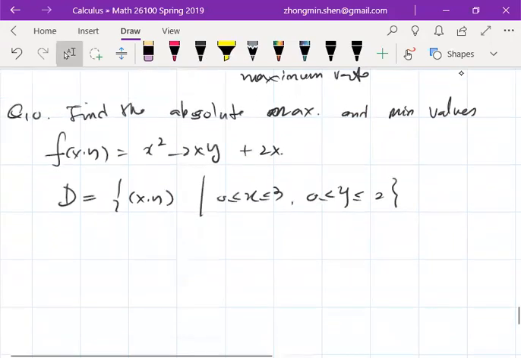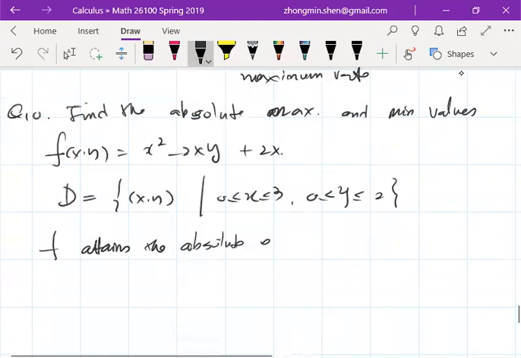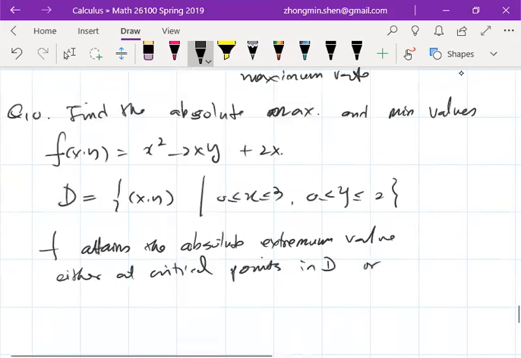So maybe it's a good idea to state that f attains the absolute extreme value either at a critical point in D or on the boundary.